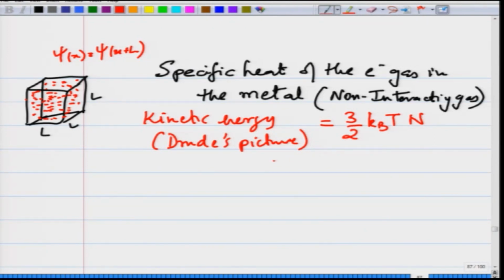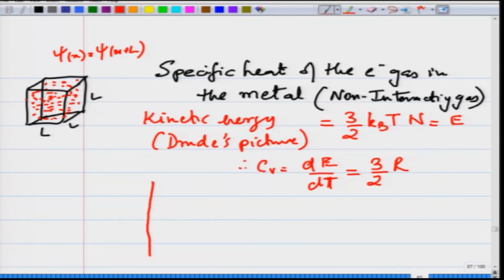This is the total energy of the system, and therefore the specific heat of this electron gas, which is dE/dT, the derivative of the total energy with respect to temperature, is 3/2 R.